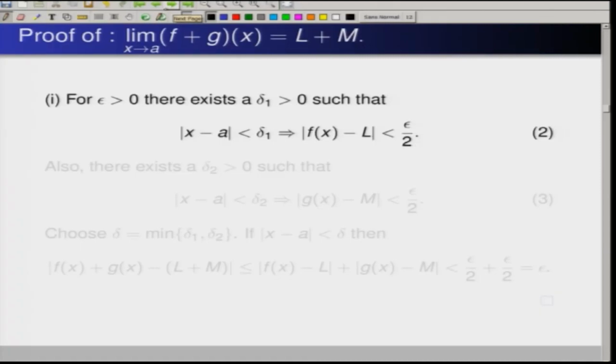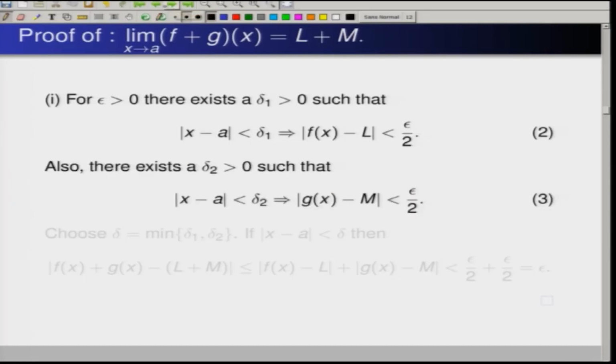So, now the limit of f(x) as x goes to a is equal to L. So, for a given epsilon, there will exist a delta 1 such that |x − a| less than delta 1 is going to imply |f(x) − L| less than epsilon by 2. For given any epsilon, I can find a delta. So, epsilon by 2 is also a positive number, and we will find a delta 1 for that.